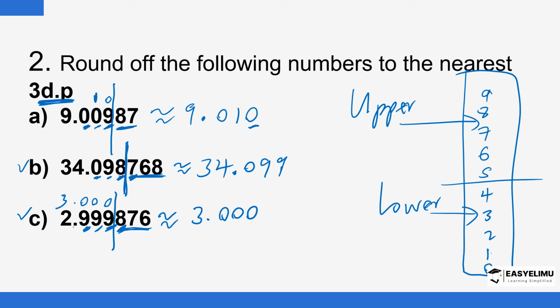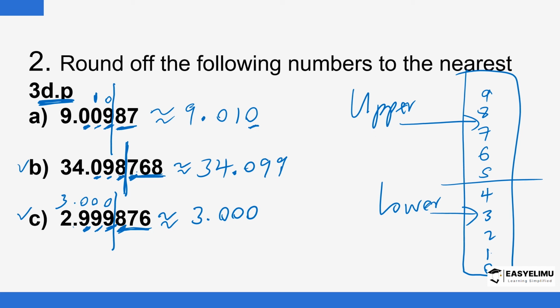So that is basically the process of rounding off, how we do rounding off of numbers. Remember to count the required number of decimal places, draw the cutoff line, look at the digit after the cutoff line, whether it falls in the upper category group or in the lower category group. If the digit after the cutoff line falls in the lower category group, nothing happens to the digit before the cutoff line.